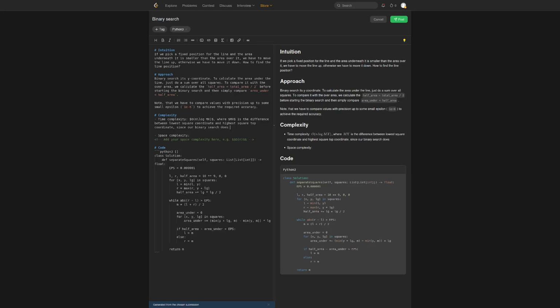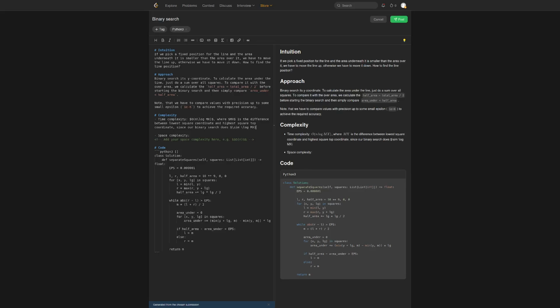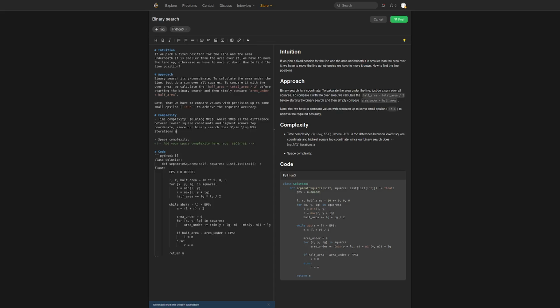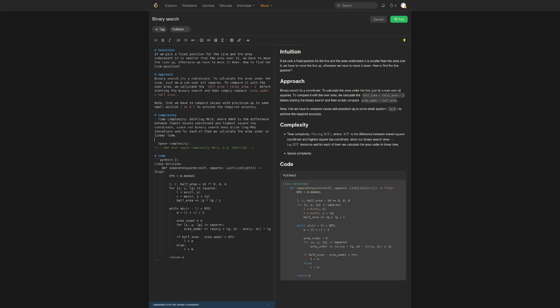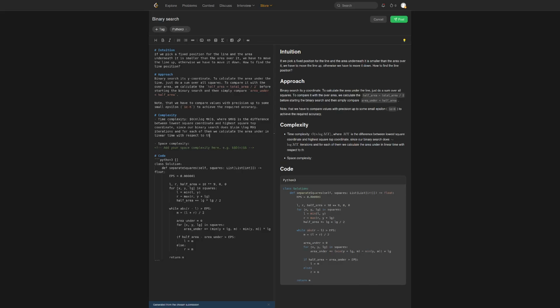But then we have to get it down to exact metrics, but doesn't matter, whatever. So we see log max iterations, and for each of them we calculate the area under in linear time with respect to the number of input.